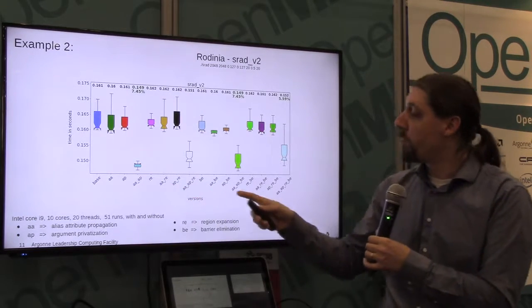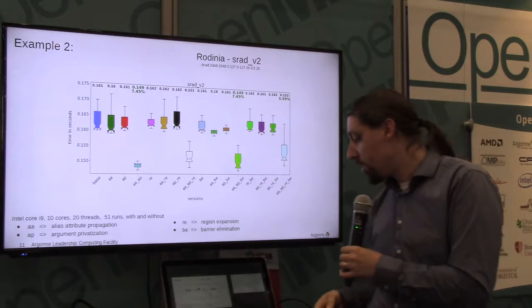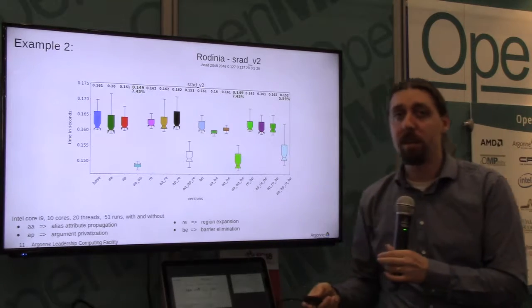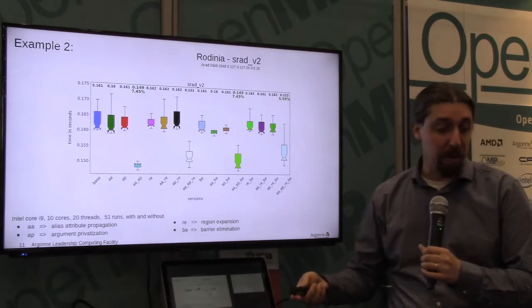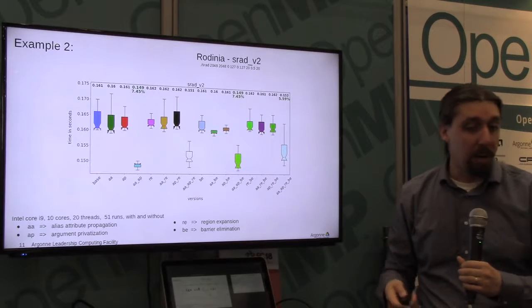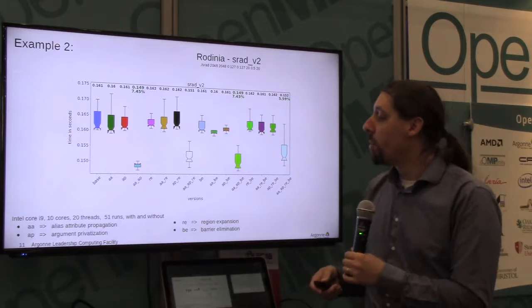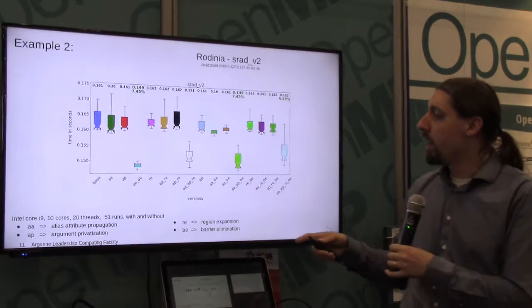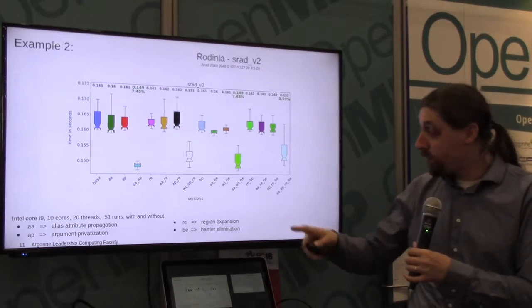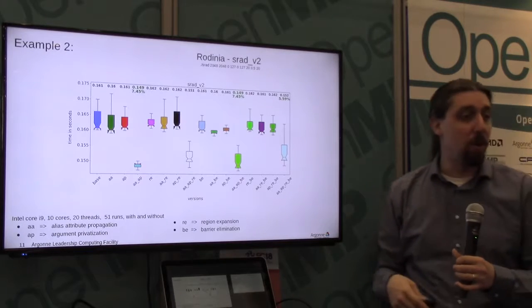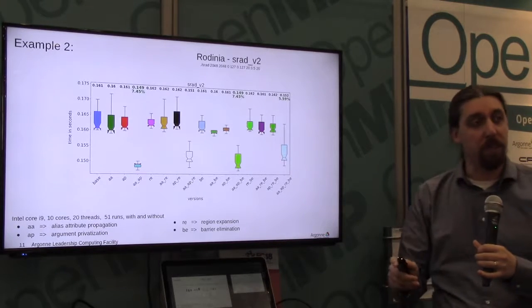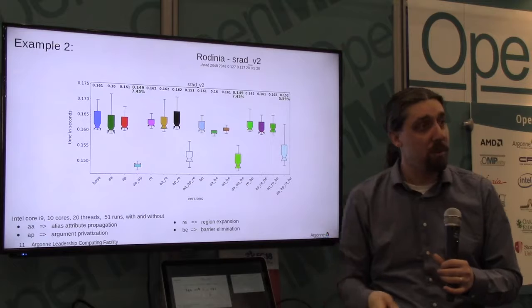We've also experimented with OpenMP specific optimizations. Those include things like taking adjacent parallel regions and merging them together to eliminate the overhead of having multiple adjacent parallel regions. We have then, on top of that, eliminated redundant barriers. There are barriers in OpenMP, and some of the constructs also have barriers.